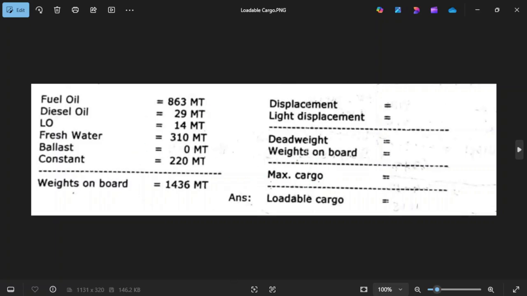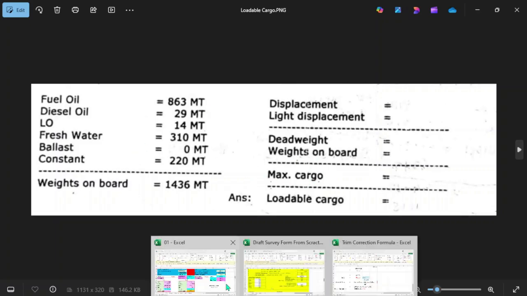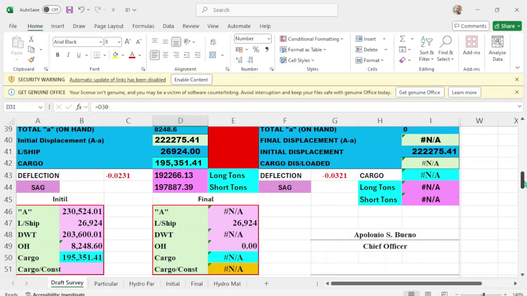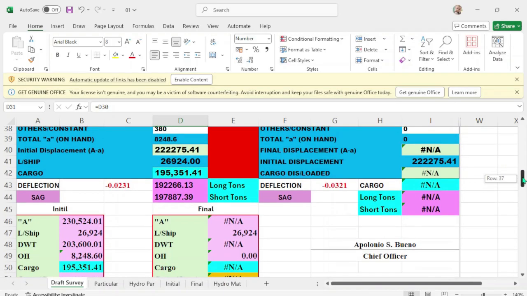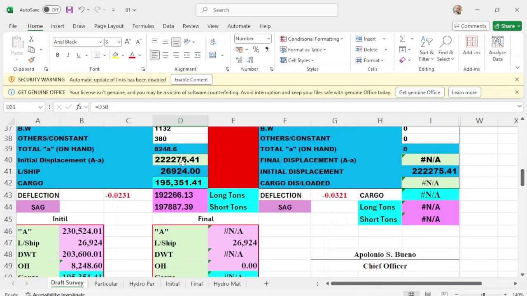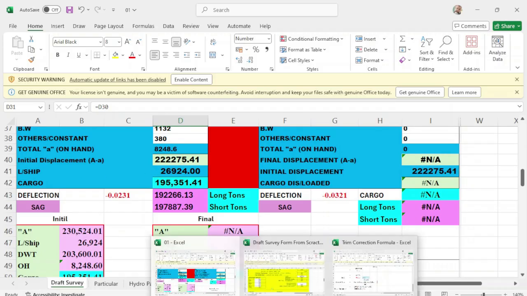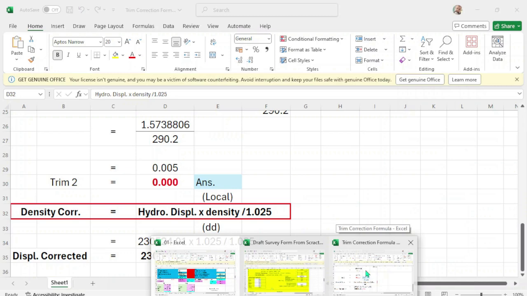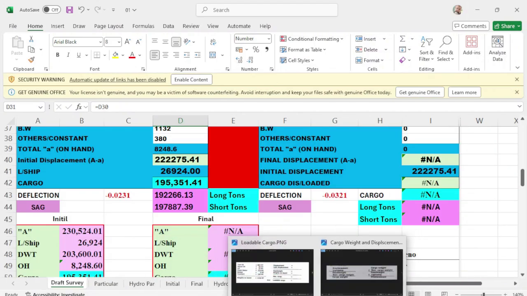So let's check, it's correct. Your displacement, this one, minus light shift. Where is that? I'm sorry.